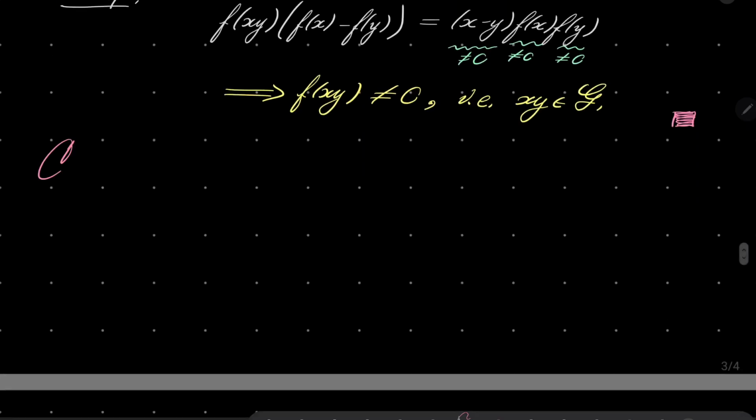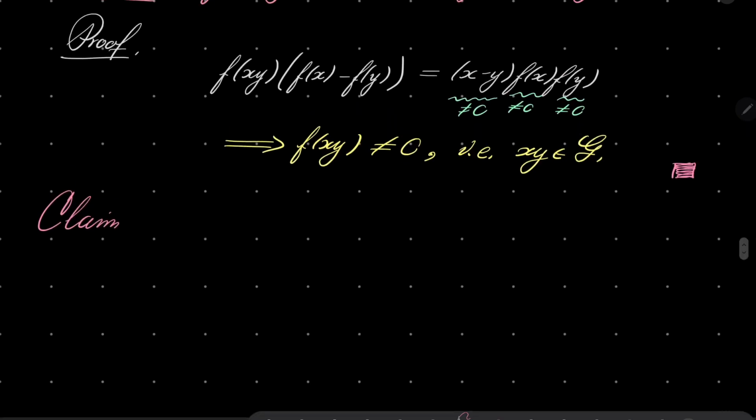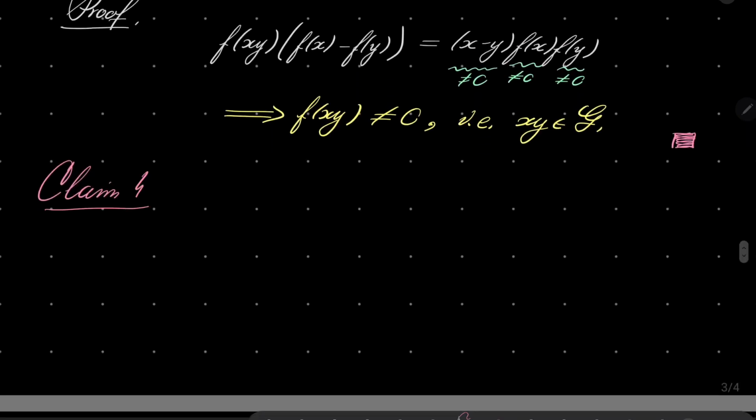And my last claim, what about two elements which are the same? Claim number 4, if x is in our set, I claim that x squared is also in our set. Proof.